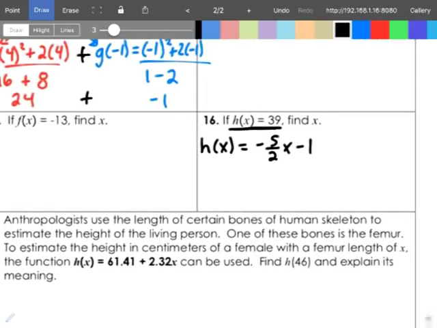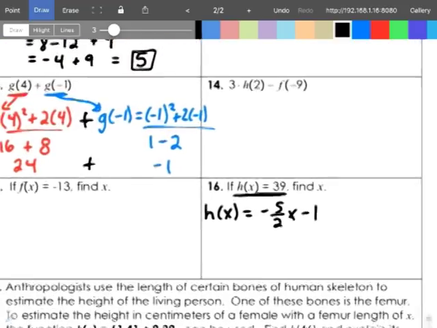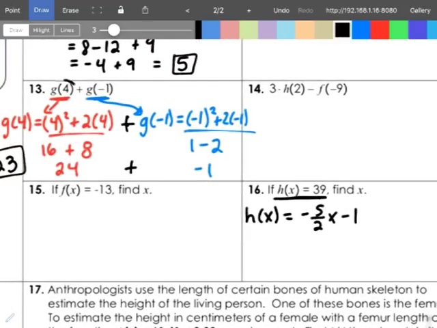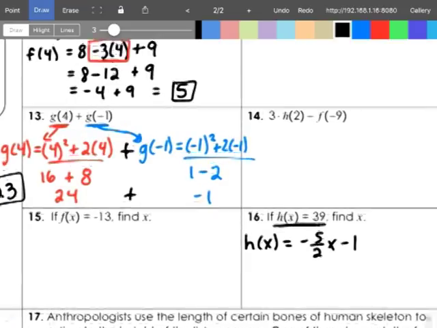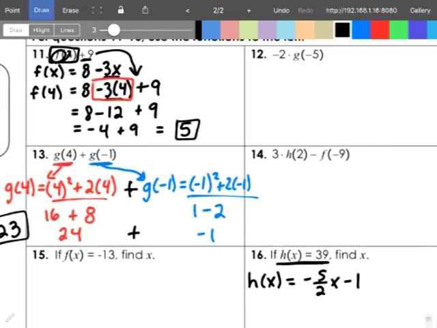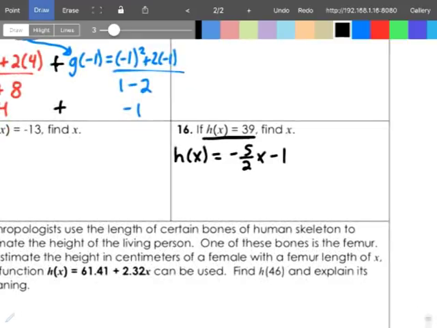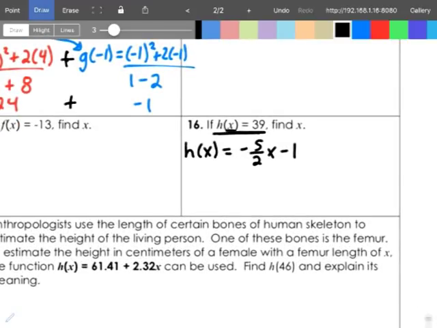Okay. So it tells me this time, look how this is different. This over here was saying like g of 4, g of negative 1, right? They have the numbers next to the g, or next to the f, right? We have that 4 right there. But in this case, they don't have a number here for the x, so we don't plug anything into this x.